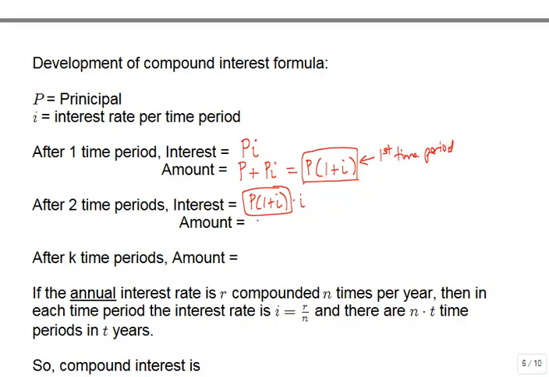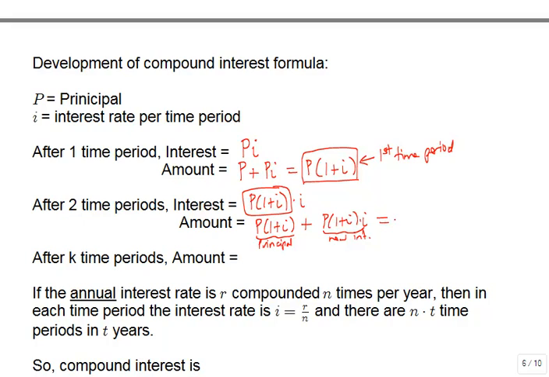So we had initially P times 1 plus I in our account, and now we've just added another P times 1 plus I times I back into our account. So this is the new interest, and this was the original principal we had after that first amount of interest got added in.